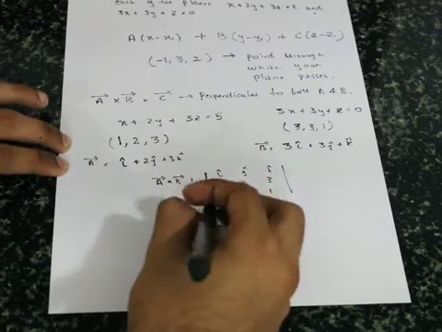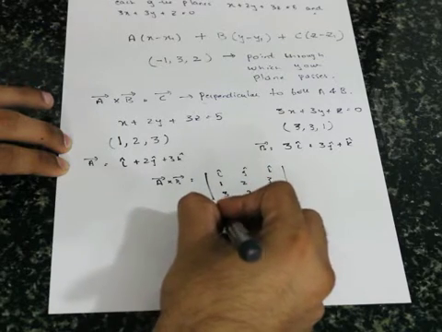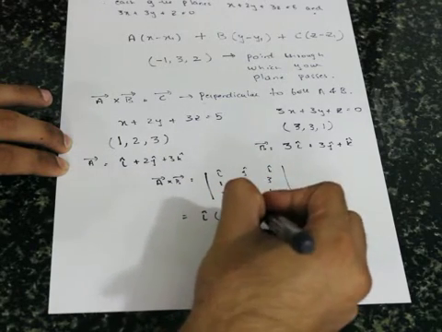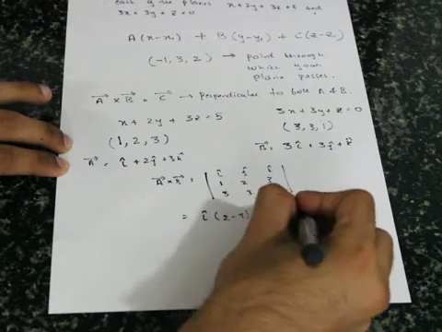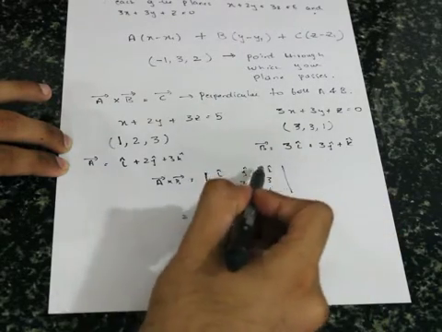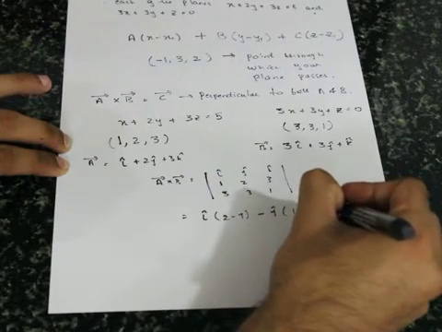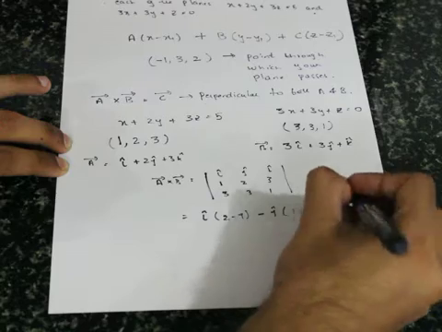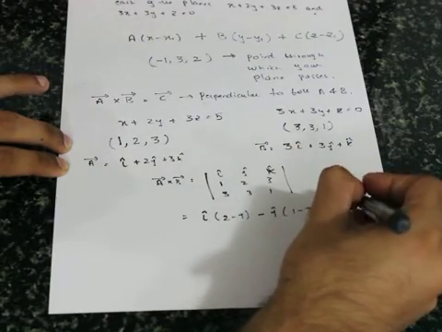So this is nothing but i cap (2 - 9) minus j cap (1 - 9) plus k cap (3 - 6).